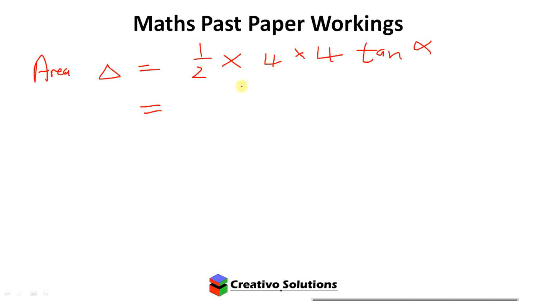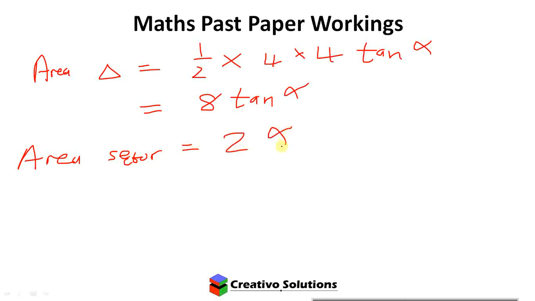So 4 times 4 is 16. 16 divided by 2 is 8. Then you also know what the area of the sector is. That was easy, that was just 2 alpha. And I just put them all together.